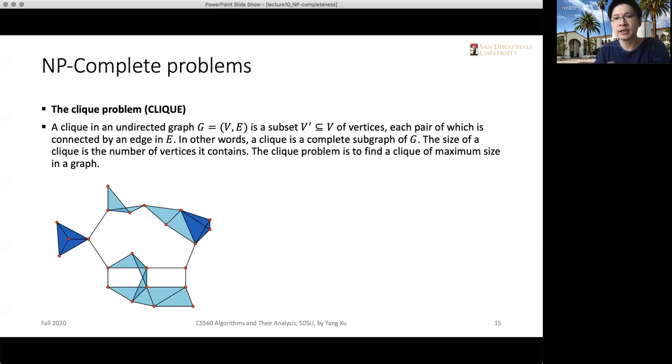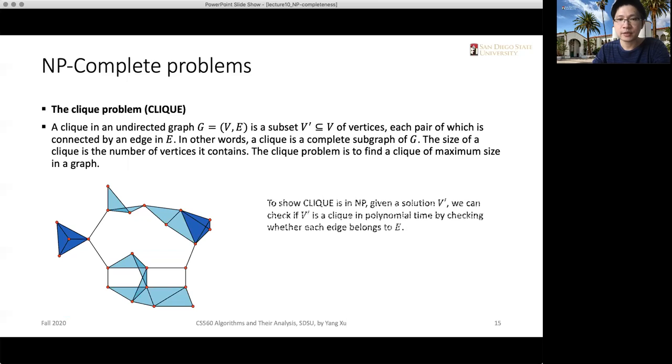So a clique is a complete subgraph, and complete means that each pair of vertices in the clique is connected by an edge. Given a clique, it's quite easy to verify, because we just need to check whether each edge belongs to E. But the problem of finding one is not an easy one.